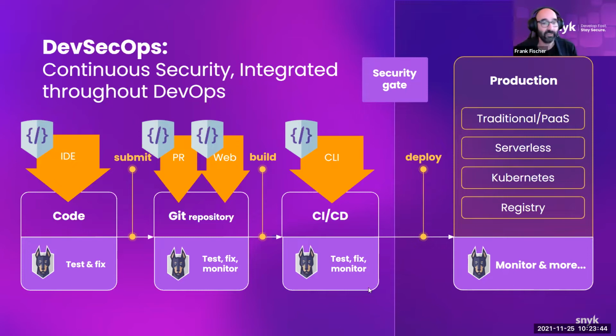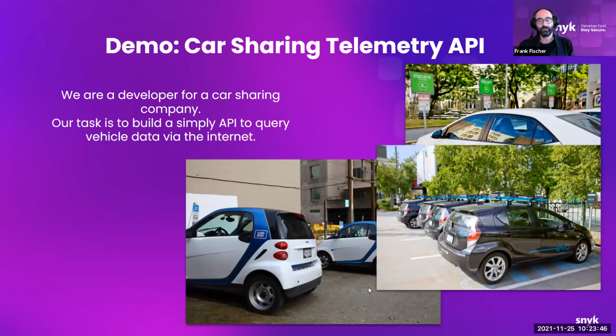We are a car sharing company now. So we have cars, and we have lots of them, and people can share these cars by simply booking one, using it, and then dropping it off in one of the drop-off stations, or maybe even parking it in the public space.